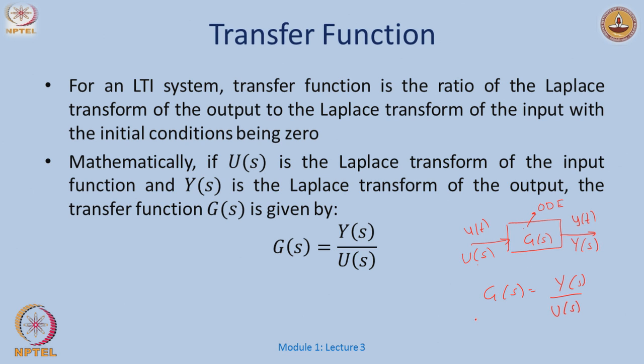So, given this transfer function, I can simply say that for an input signal U(s), the response of the system, or the output, is simply the multiplication of G(s) and U(s). Recall that in the time domain, we would actually have to do a convolution here.